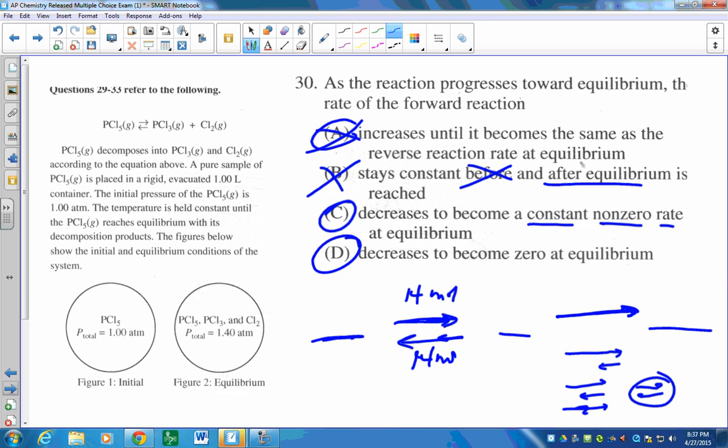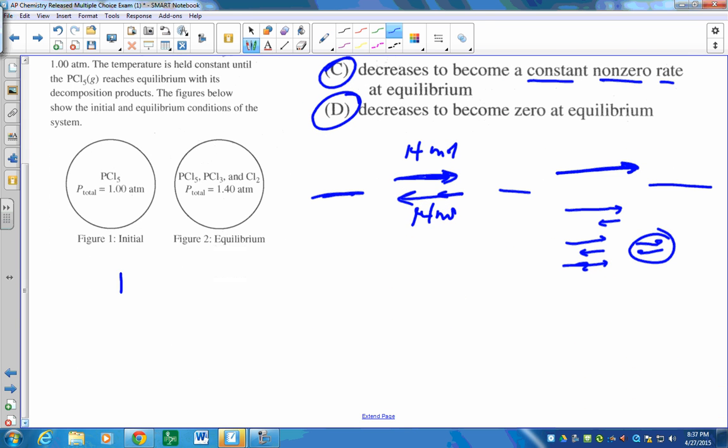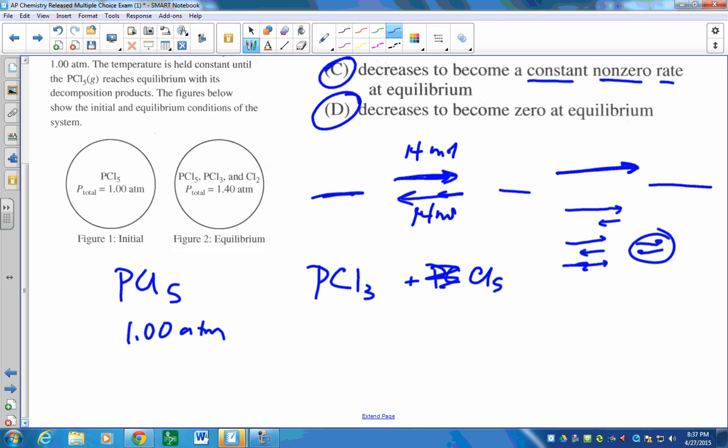Okay, let me just try to explain that one more time. In the beginning, you have 1 atmosphere of this and none of this. Remember, the rate of reaction is based on the concentration of the reactant. So in the beginning, the instant it starts, this reaction is very fast and the backward reaction is non-existent because you don't have any of this to make the backward reaction.